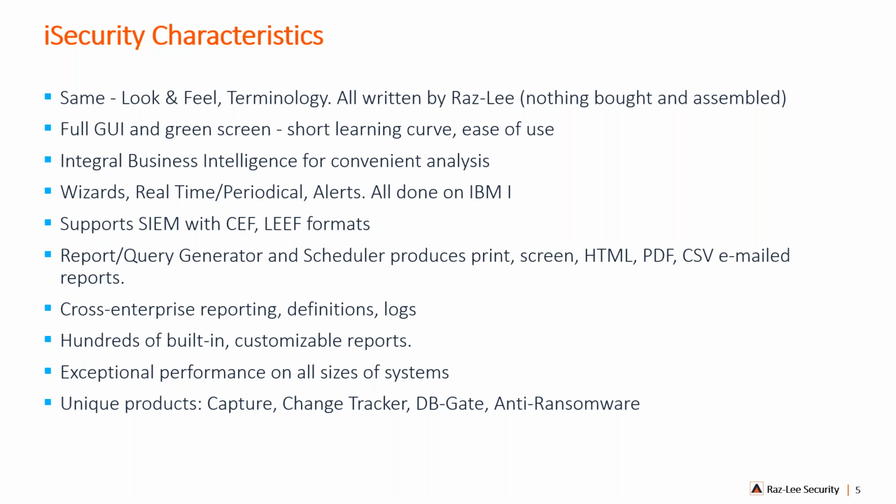All our software was created by Raz-Lee, so they share the same look and feel and have the same terminology throughout the entire suite. This means that you will face the smallest possible learning curve for each module, since once you are familiar with one of them, you know how the other works.